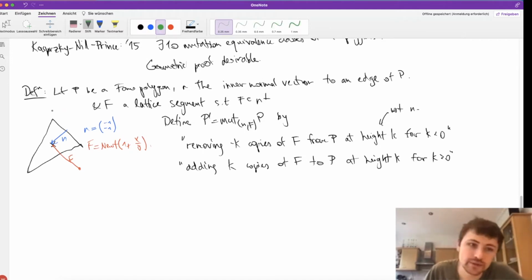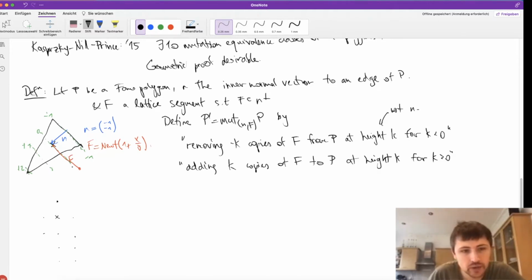So what are the different pieces at different heights? That is the piece at height -1. Here, that's the piece at height, maybe I should write it up here. Roughly speaking, that's at height +1, and this is at height +2. So after I do the mutation, I get the following polygon. I need to remove a copy of F from here, so here I'm just going to get a vertex. Down here, I need to add 2 copies of F, so I'm going to get something quite large.